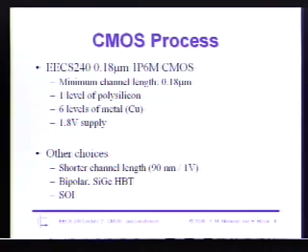So why is it that we're going to focus on 0.18? Well, one of the big reasons this class has used 0.35 in the past is that we want to focus. This is a teaching model. We want to teach you how to design circuits without worrying about all the details that you would have to worry about in real life. You'll get paid good money to do that once you graduate.